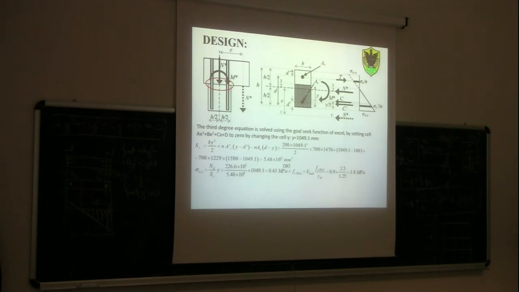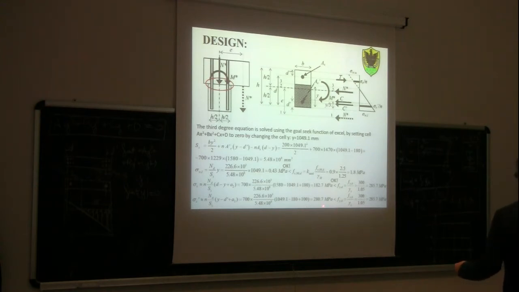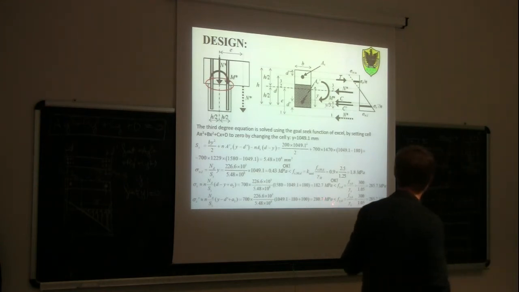And then we need to see what's going on in the rods. In the rods, if we recalculate again the tensile stress in the tensile rods, we get this time 182.7 megapascal, which is less than 285. For the compression rods, we get 280.7 megapascal, which is less than 285.